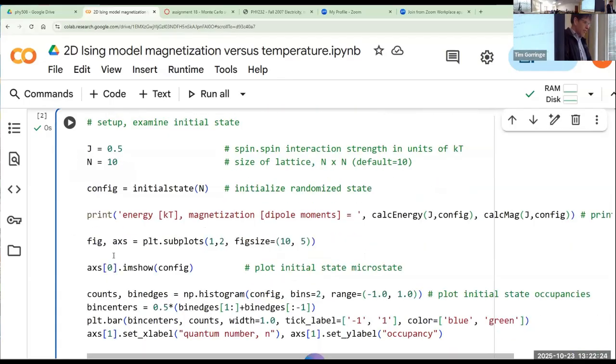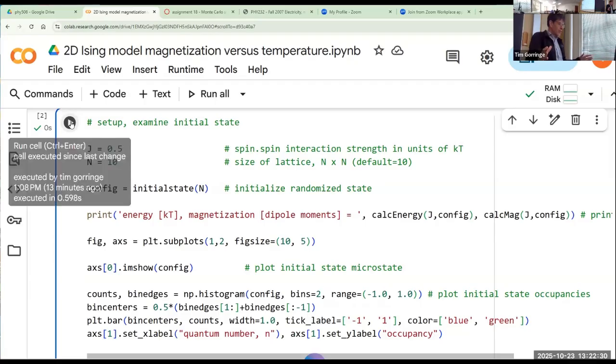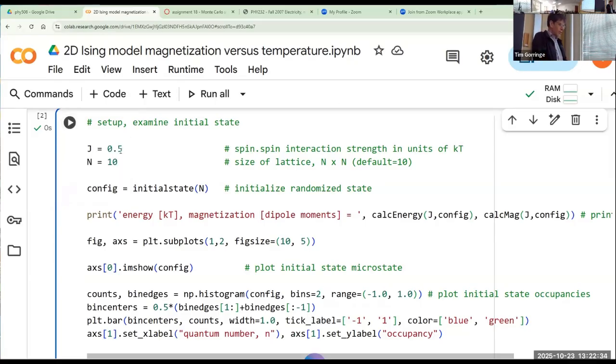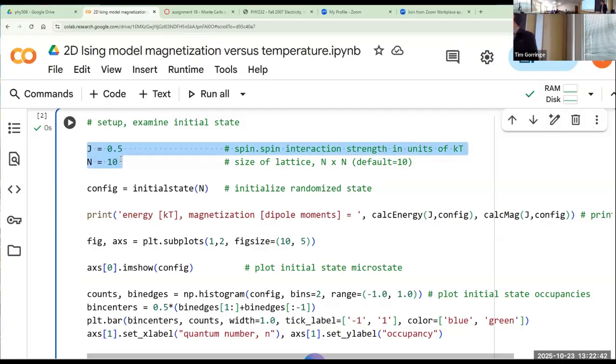This cell, I just wanted to use to generate the initial state. So really, the only thing in this cell is I set up a couple of parameters that I need. This is going to be the interaction energy in units of kT.